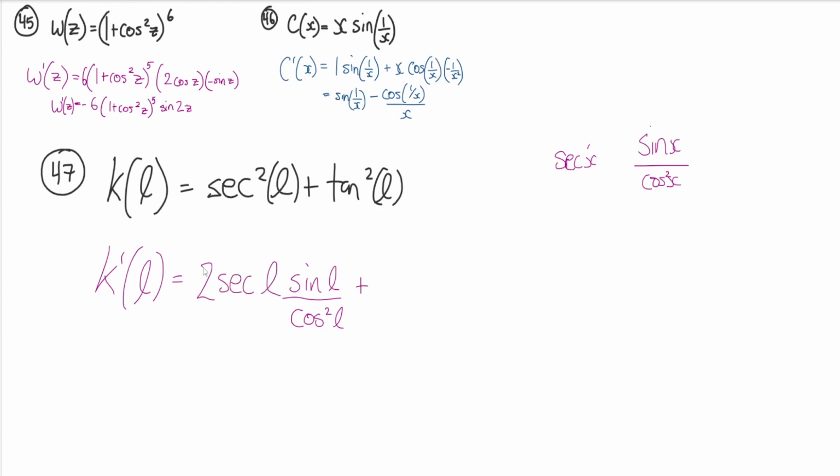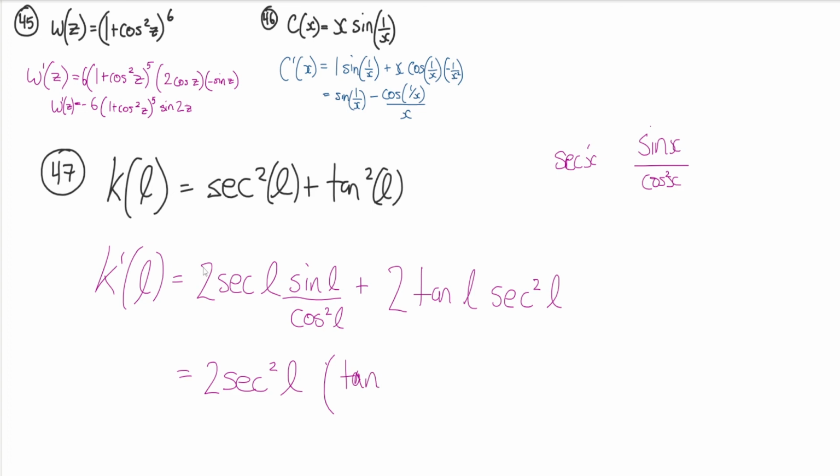Plus, and now the same thing here, we have to do the derivative of the outside first, and then we do the derivative of the inside, and we get secant squared of L, right? So let's just kind of simplify and maybe factor if we can. So I think we can factor the 2 secant squared of L. Because remember, this represents a secant squared, right? So what do we end up with?